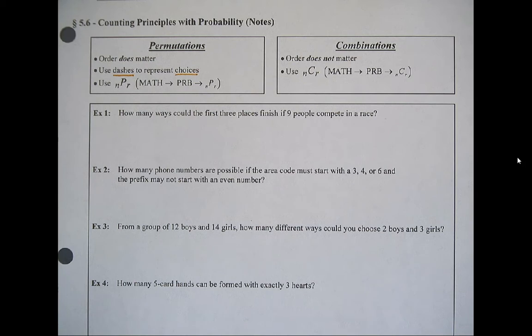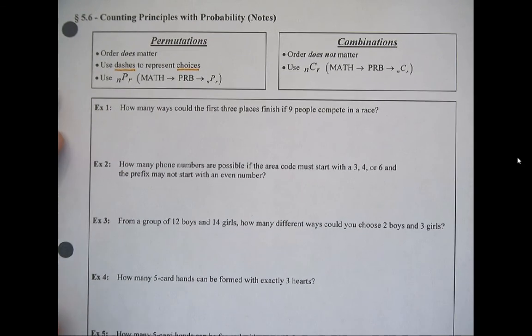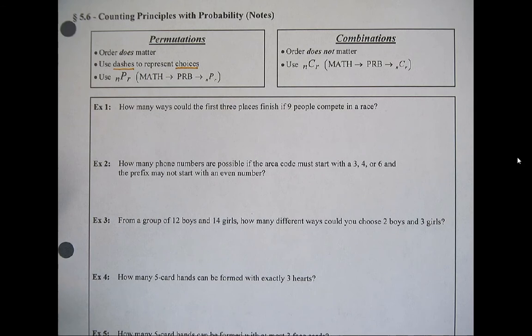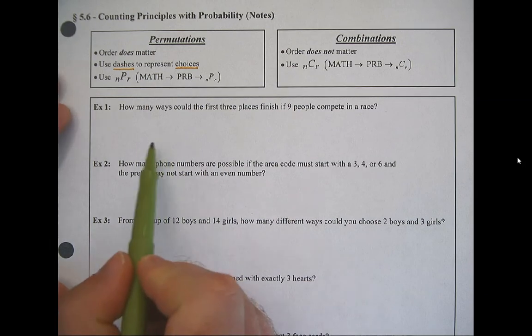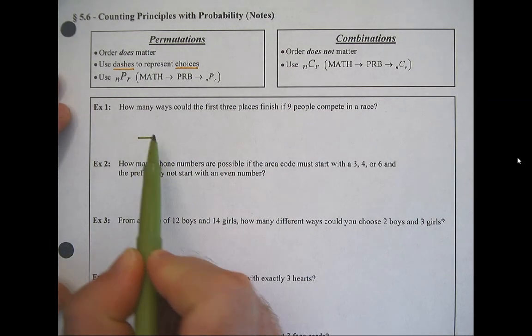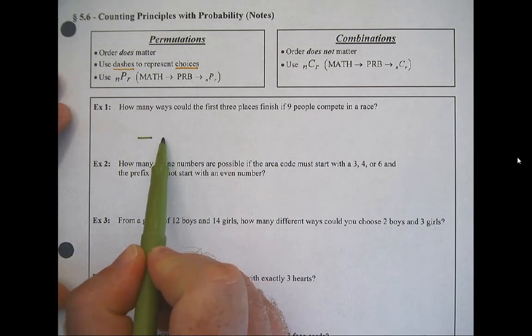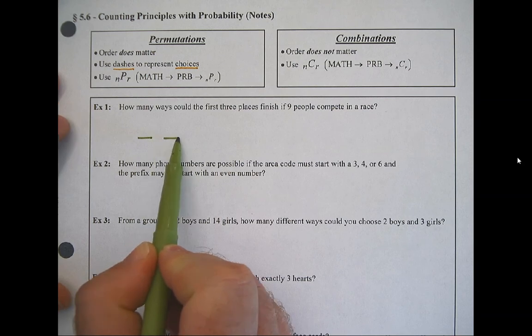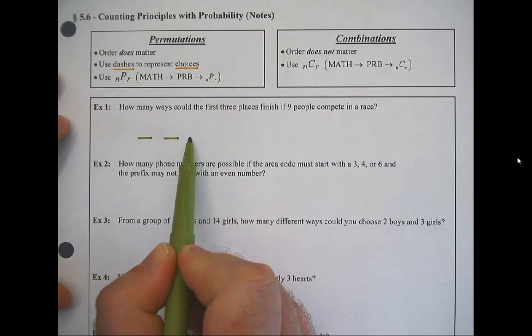Let's start off by counting how many choices, or how many decisions, we have. If you got to magically decide who gets first in the Olympics, who gets second, and who gets third, how many choices would you have to make? You'd have to make 3 decisions. You'd have to say who's in first, and you'd have to decide who's in second, and you'd have to decide who's in third.